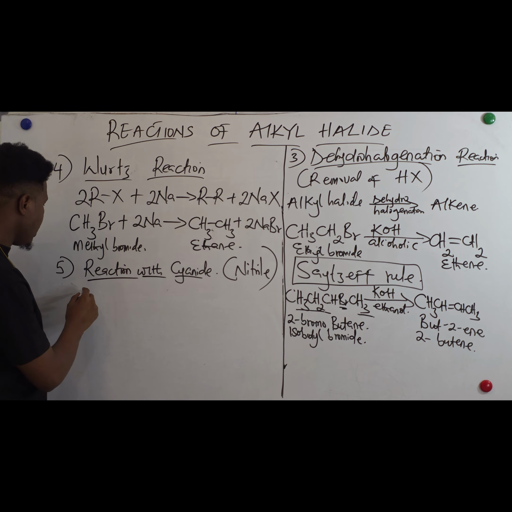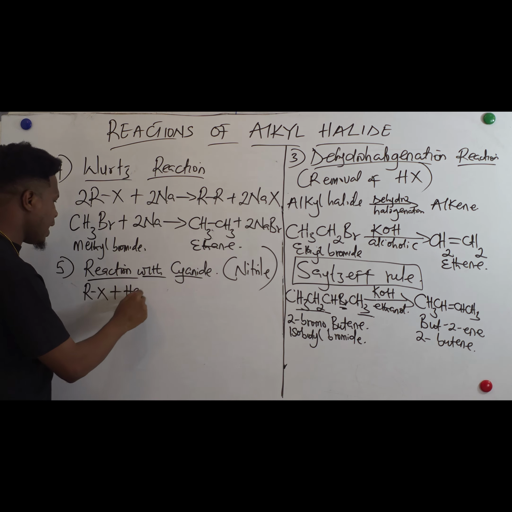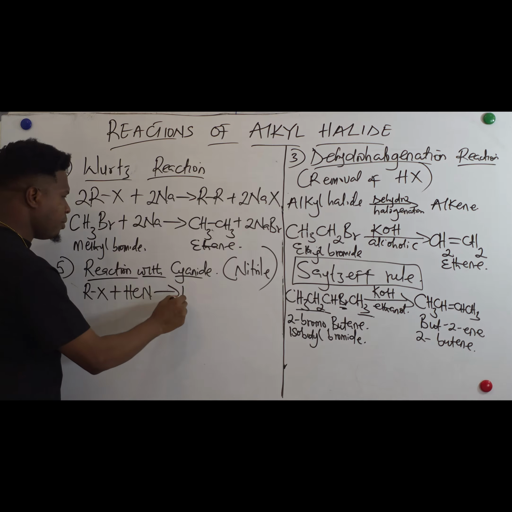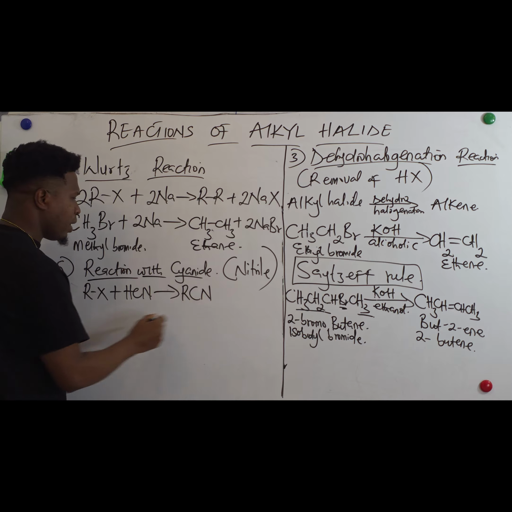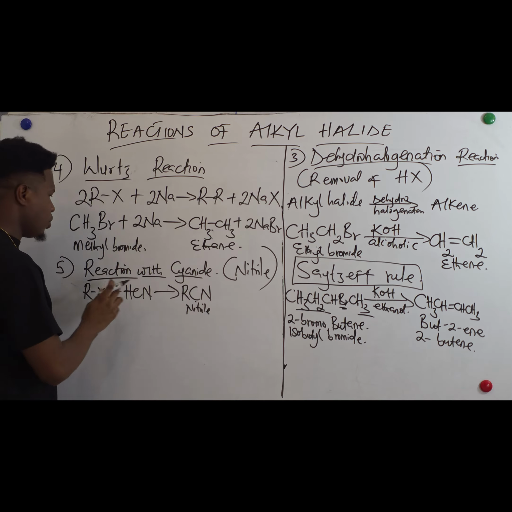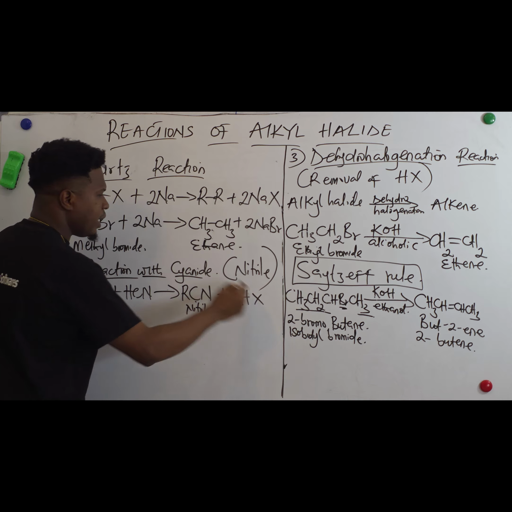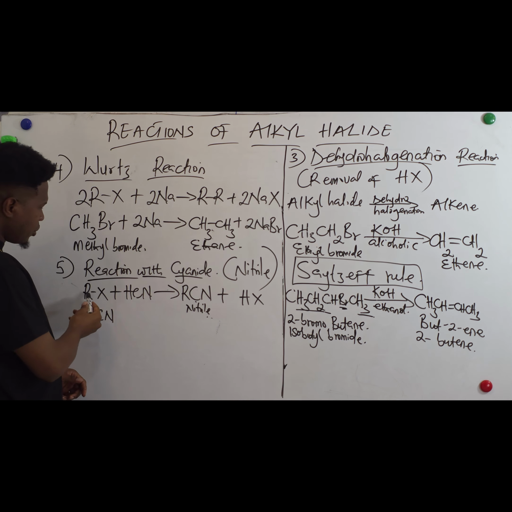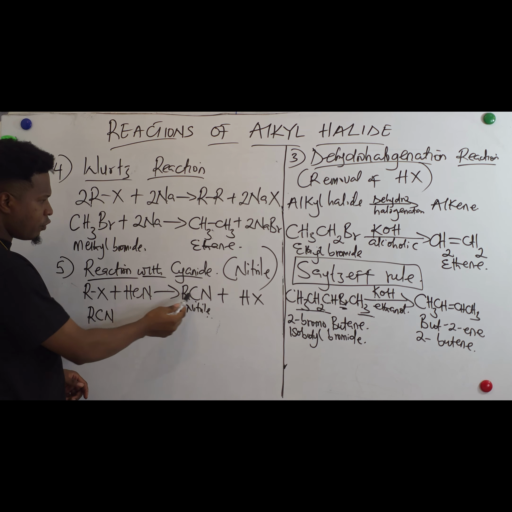For example, if you have an RX reacting with hydrogen cyanide as a case study, this reaction will lead to the formation of this class of compound called nitrile, okay? Plus X will go with the hydrogen here to form HX, okay? Remember that this reaction, RX reacts with HCN to form the nitrile.